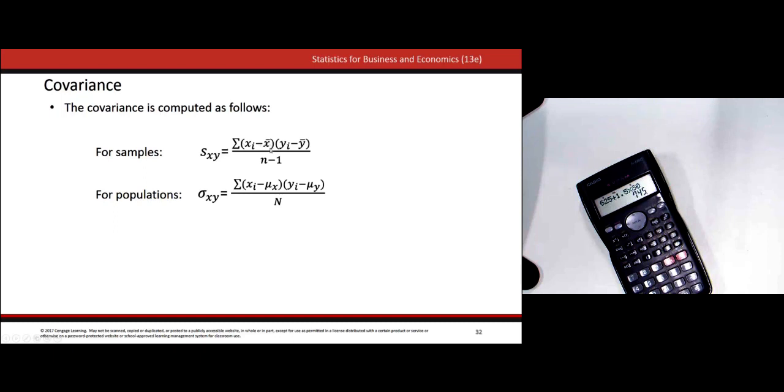So xi minus x bar times yi minus y bar, and we add those up divided by n minus 1. So we subtract the mean of x for each value of xi, and we subtract the mean of y for each value of yi, multiply those, and then add them up.